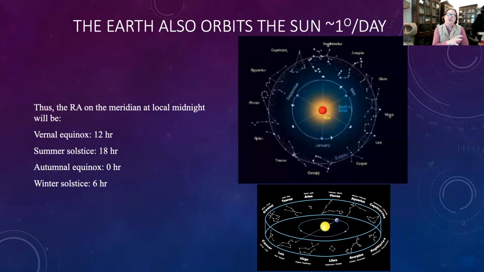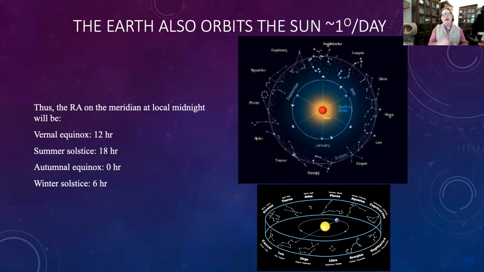But what this label is showing you is what the observer cares about. It cares about what is the RA on the meridian on those dates. So if you are interested in an object about the vernal equinox, then you want to look in the RA range of around 12 hours, plus or minus 3 hours in my experience, is a good range in terms of being able to see the object over time.